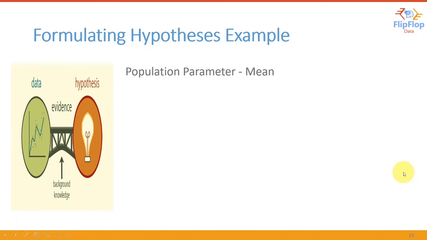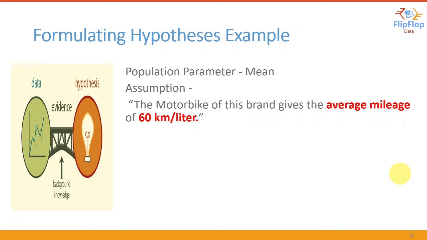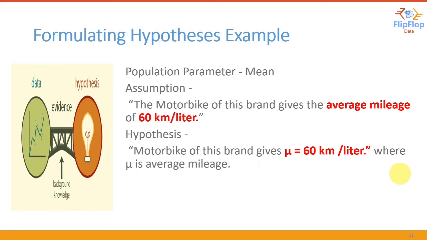And my assumption or the hypothesis is the motorbike of this brand gives the average mileage of 60 km per liter. Then the hypothesis becomes motorbike of this brand gives mu equals 60 km per liter, putting the same thing into symbolical form where mu is average mileage.